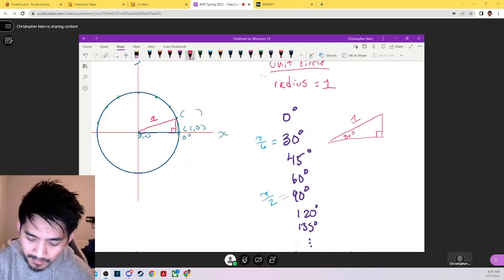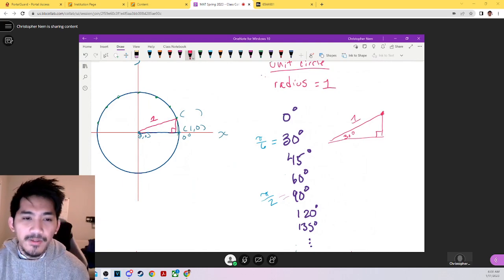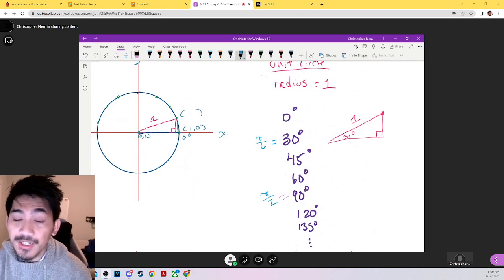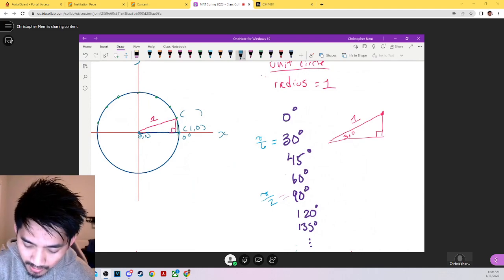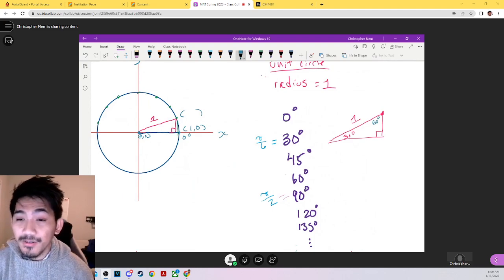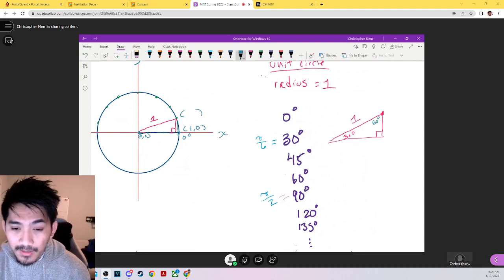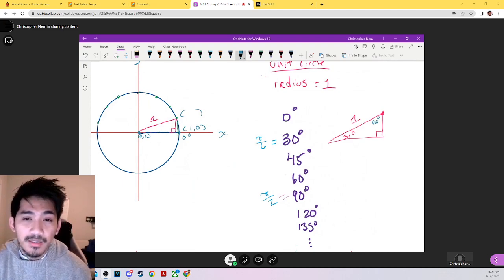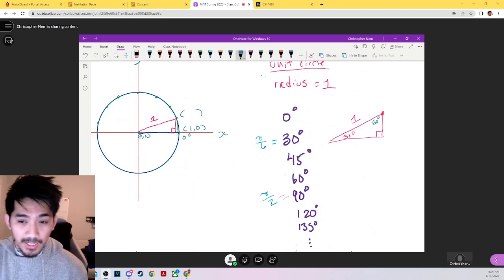Well, I need to figure out this location. The only way I can figure out that ordered pair is by finding the other sides of my triangle. Now, if you are aware, this is a 30, 60, 90 triangle, so this is automatically 60 degrees. In your 30, 60, 90 degree triangle, your hypotenuse is always 2 times your shortest leg.